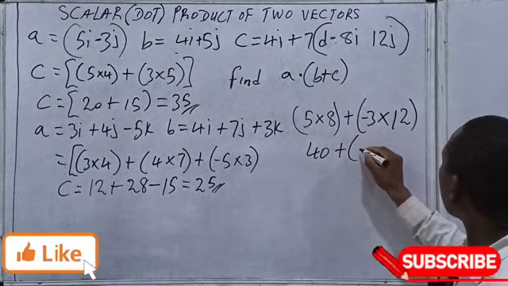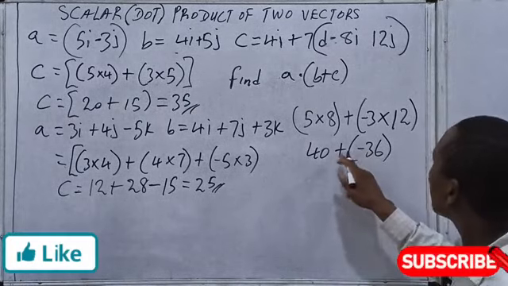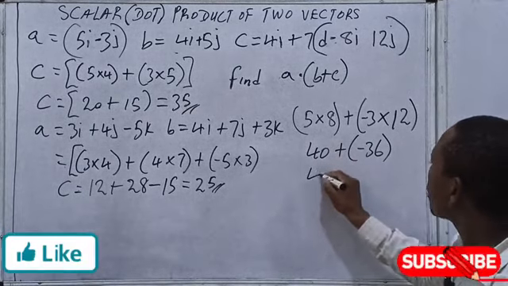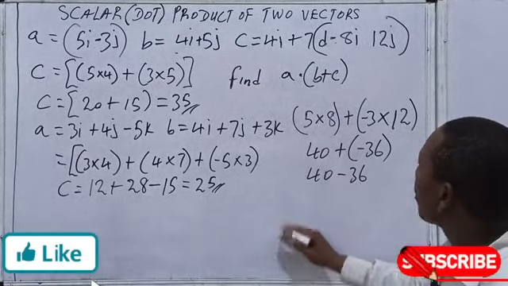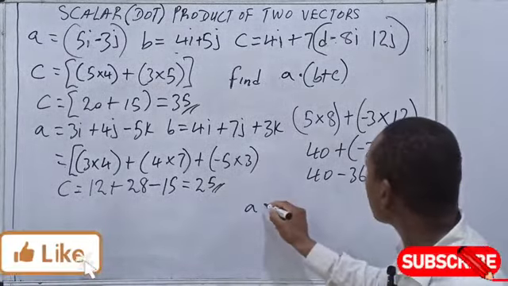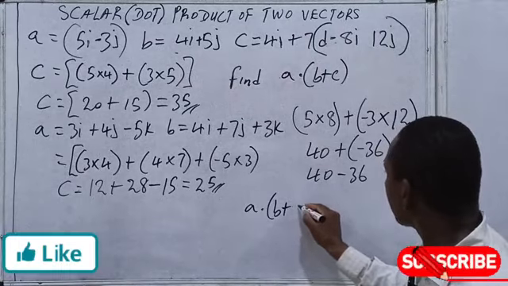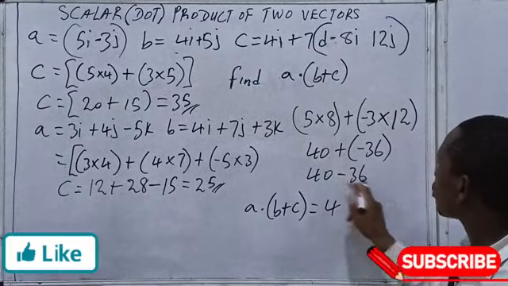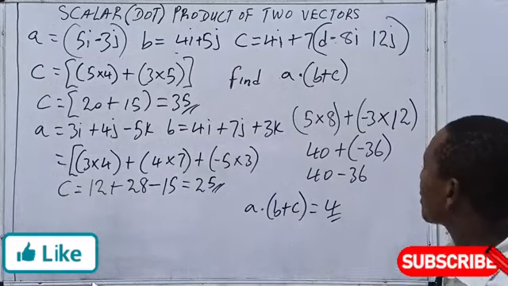Minus 36. And if you use this positive sign to multiply this negative sign, what will it give you? Negative sign. You now have 40 minus 36. And our answer for the dot product of A with B plus C is equal to 4. Just subtract this from this. You have 4 as your answer.